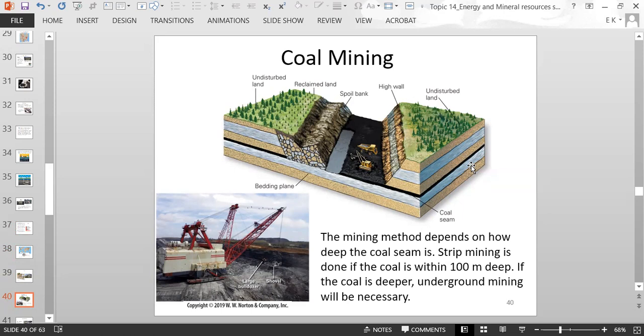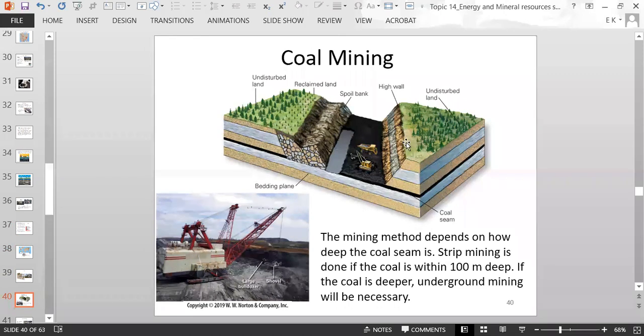So this shows you an example of mining at the surface. The method of mining that you're going to use depends on how deep the coal seam is. And we call it a seam, okay? So it's basically a layer of coal. So in this diagram, the coal seam is not that deep. So they were able to just remove the upper layers of rock in this section right here, and then you just go ahead and extract that coal.